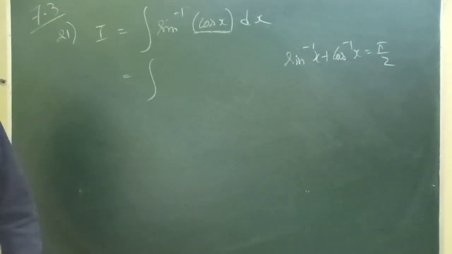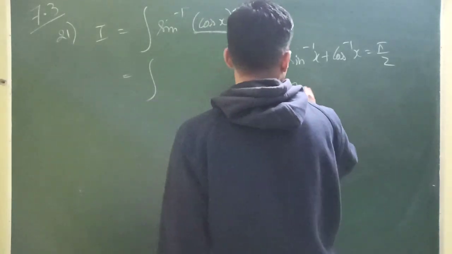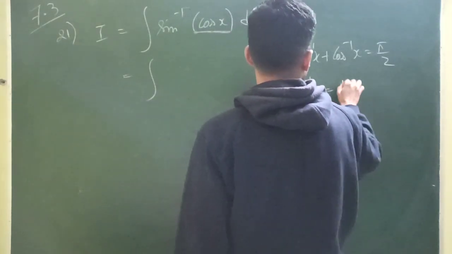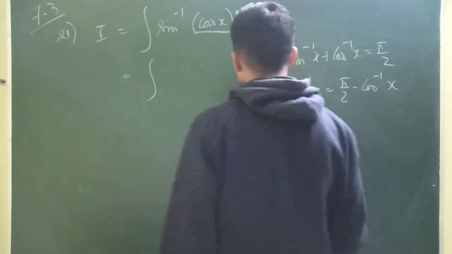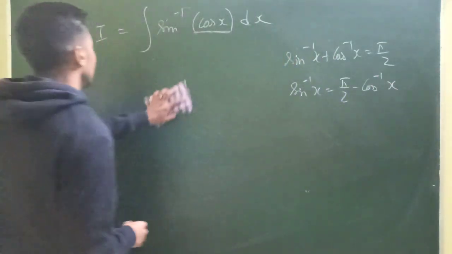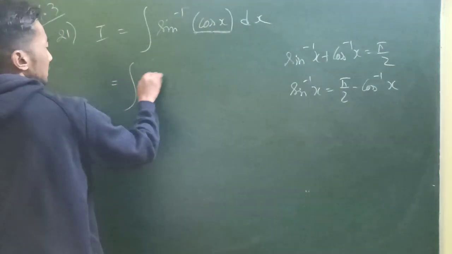What do you say? If I substitute cos x as t, that's not going to work out. So we can use this, because in that case sine inverse x will be pi by 2 minus cos inverse x. In inverse trigonometric functions, you have studied the conditions with this, so I'll just apply that directly here.